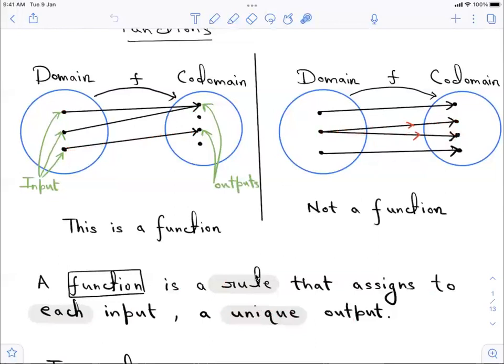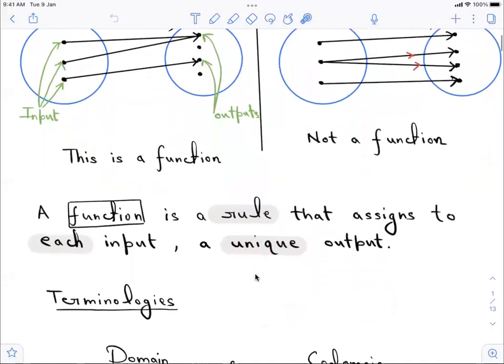So this is not a function. However, there's a term for such a scenario, which is a relation. So f in this case is a relation. A relation is a precursor of a function where this uniqueness does not hold. So we're not going to talk about relations here. So focus on functions.